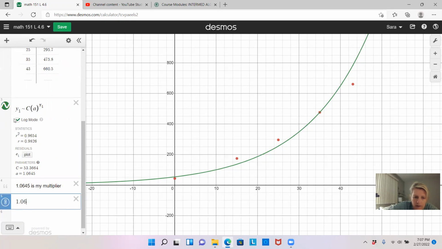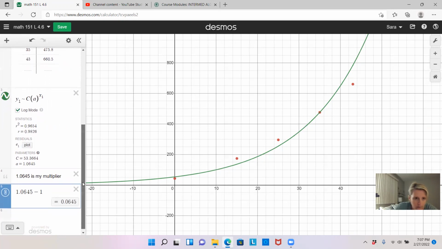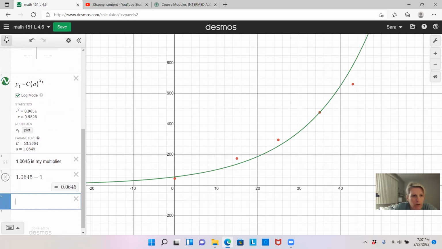And then if you take 1.0645 and subtract 1, we get 0.0645. So our growth rate is 6.45%. That's what that tells us.